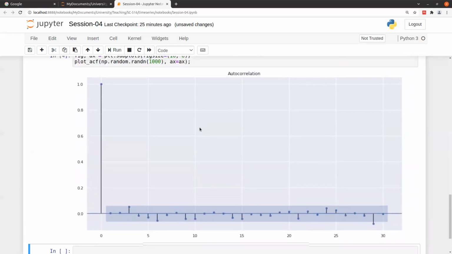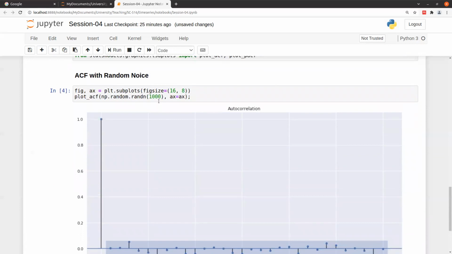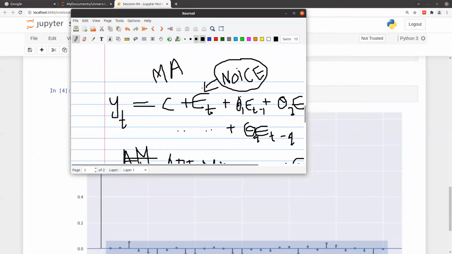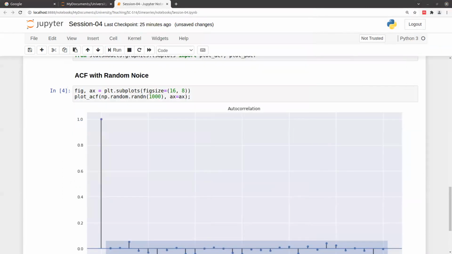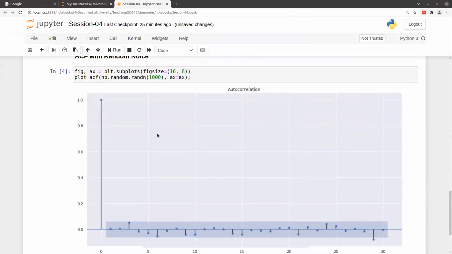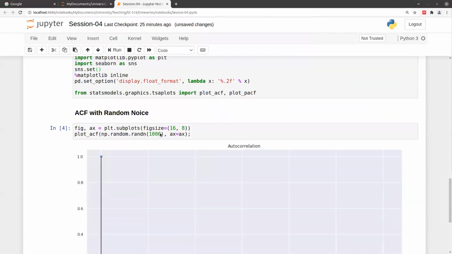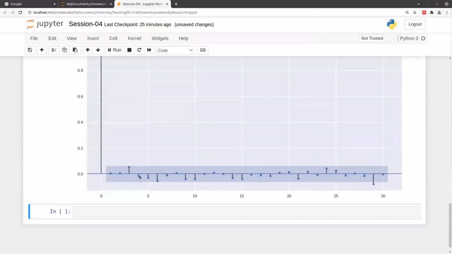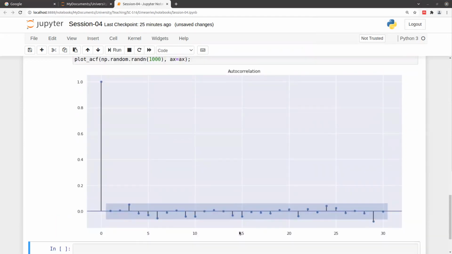Right. See, this is with somewhat of random noise. We are just considering the epsilon_t part. What we can see here is the confidence interval, the light blue color, and these are the lag values 0, 5, 10, 15, 20, 25, and so forth.